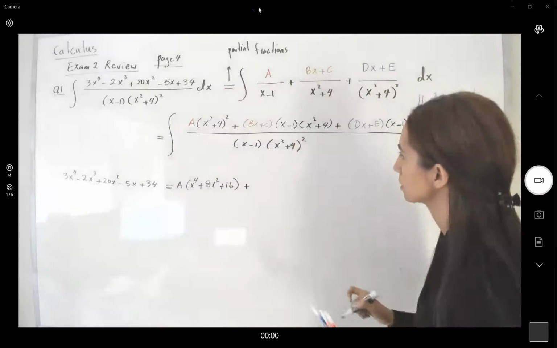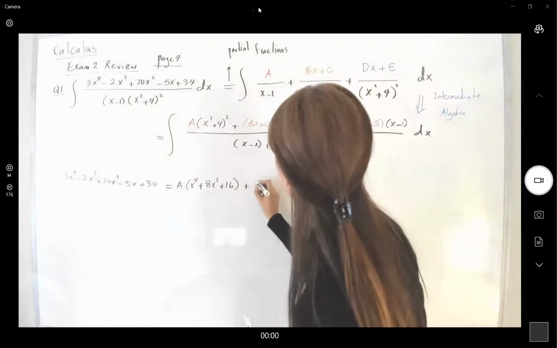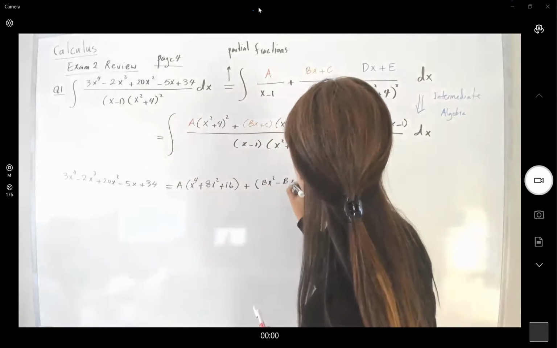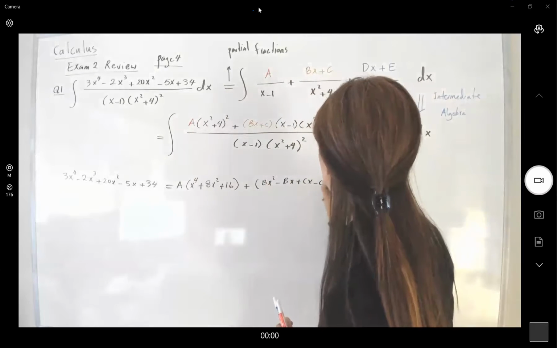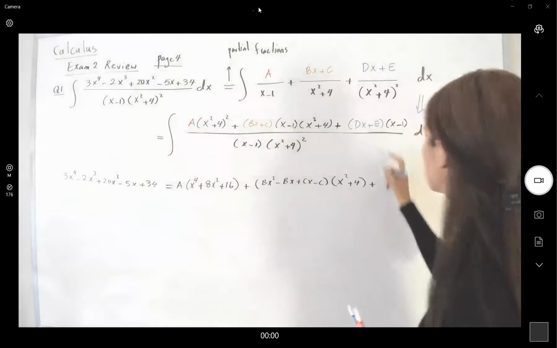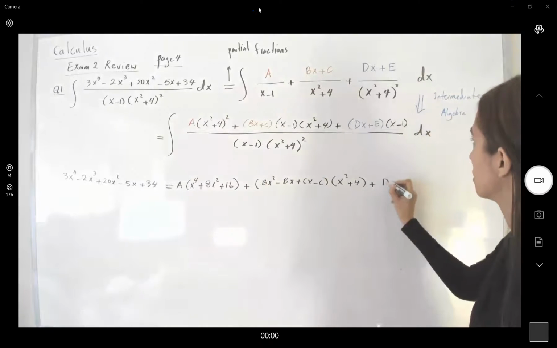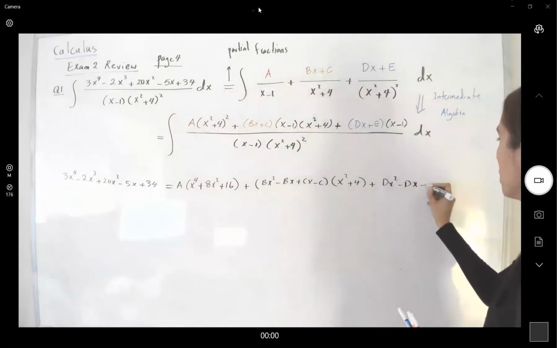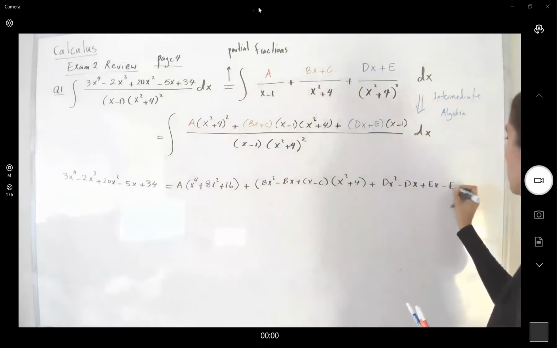And let us multiply these. Here you get Bx squared minus Bx plus Cx minus C times x squared plus 4, plus, now you multiply these two, Dx squared minus Dx plus Ex minus E.